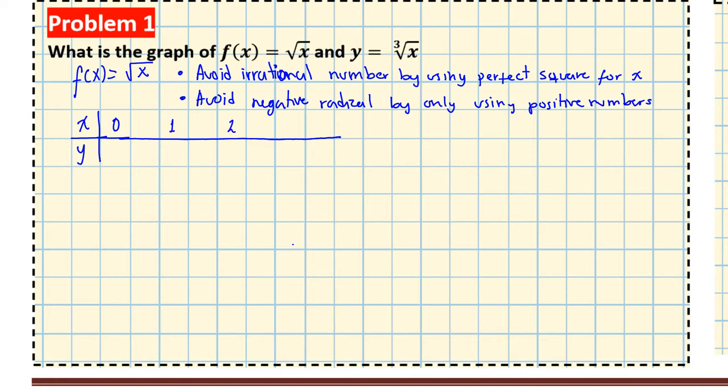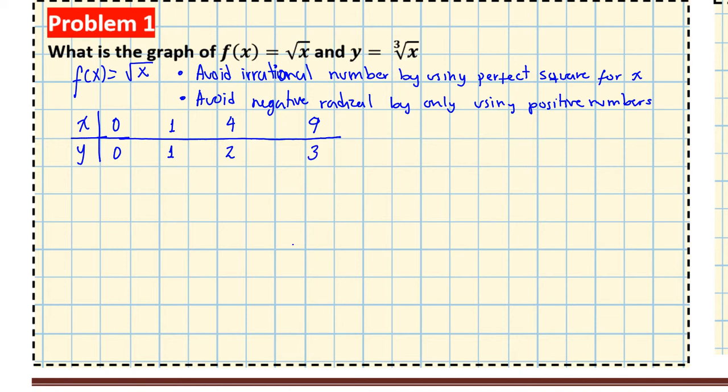Actually, I'm not going to pick 2 because it's not a perfect square. The next one I'm going to pick is 4 and then 9. And then when I plug them in, I would start having the square root of x, which is 0 for 0, 1 for 1, 2 for 4, and 3 for 9.